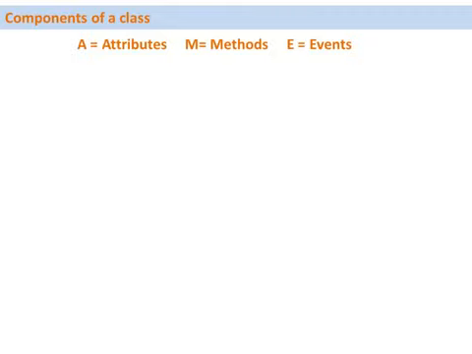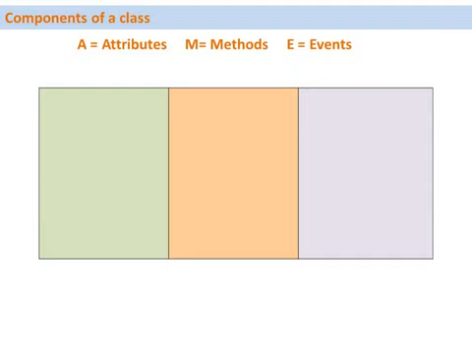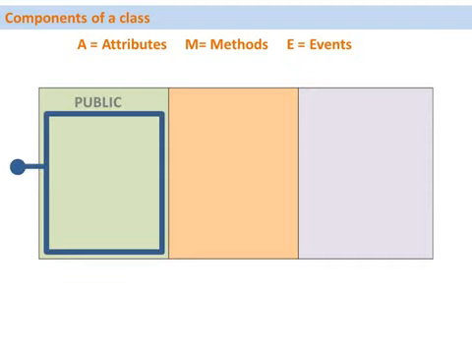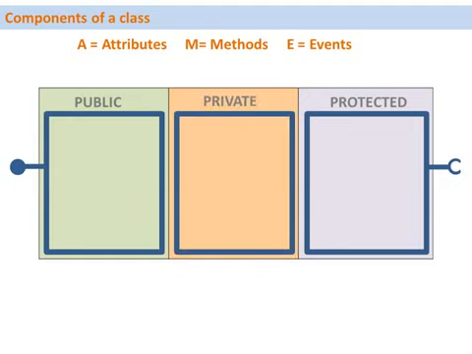Let's have a close look at components of a class. A class has attributes, methods, and events. A class has three different visibility sections. These are public, protected, and private.